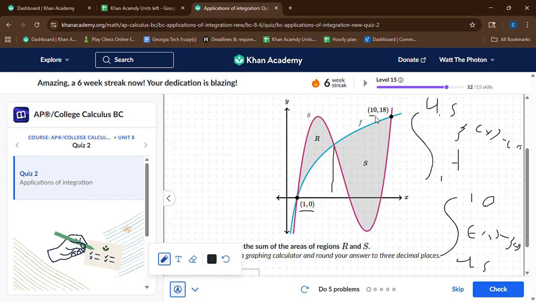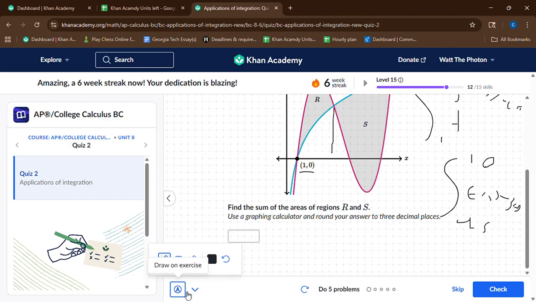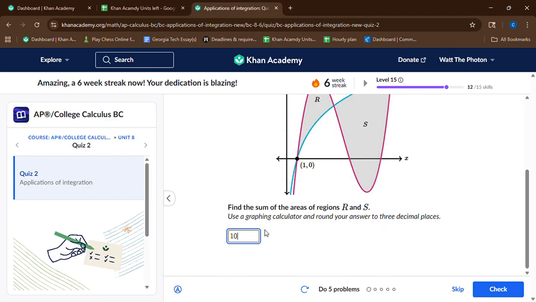Again, I put the wrong order, so we'll have 104.644.